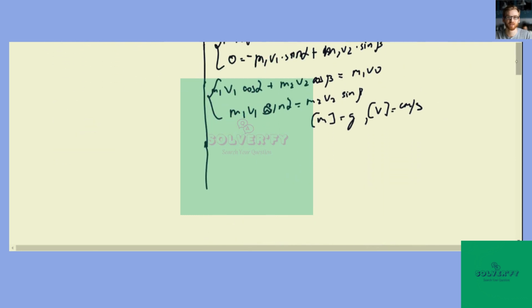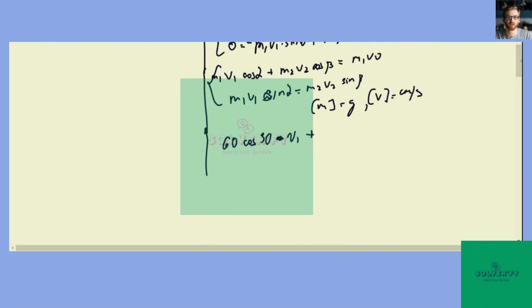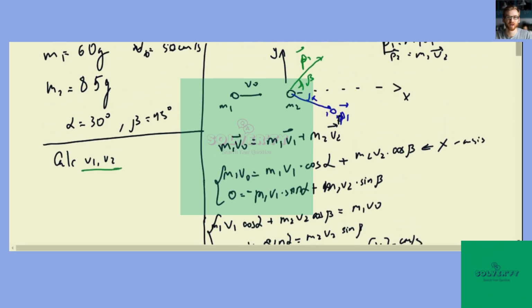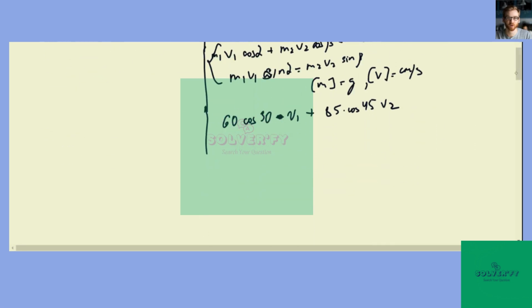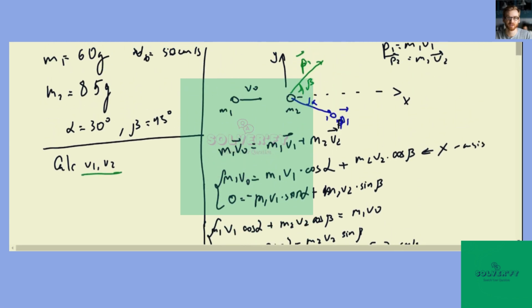So let's do this. The first equation changes to 60 times cosine of 30 times v1 plus m2, 85 times cosine 45 times v2, which equals 60 times 50.